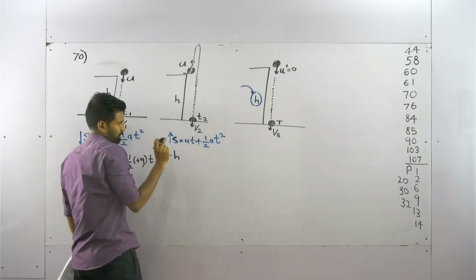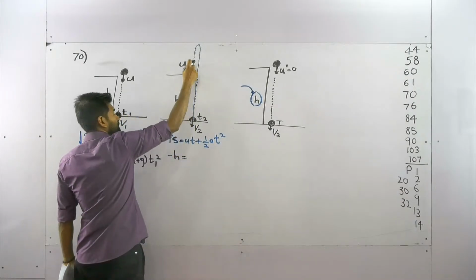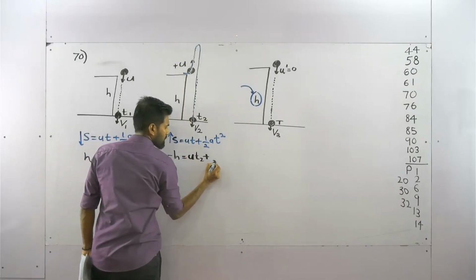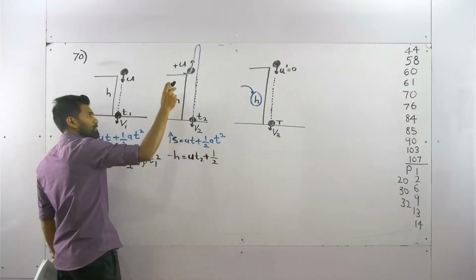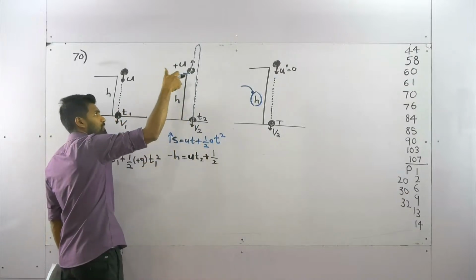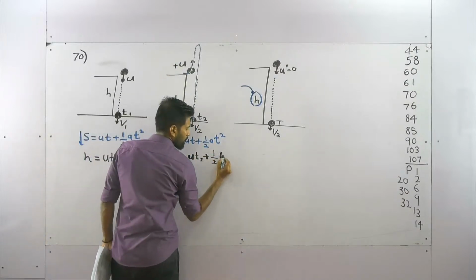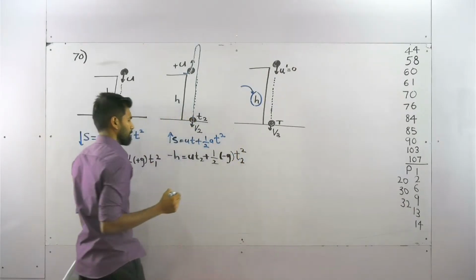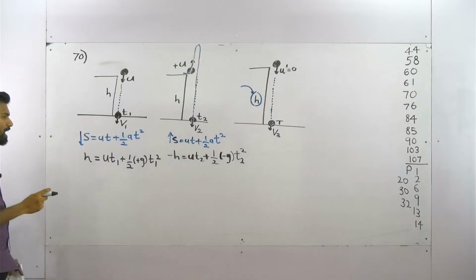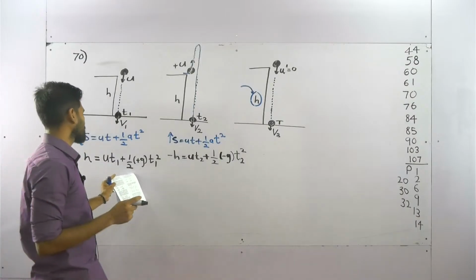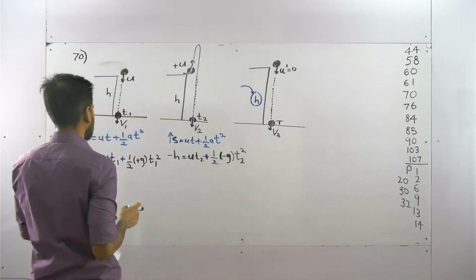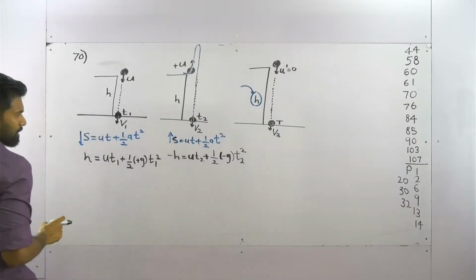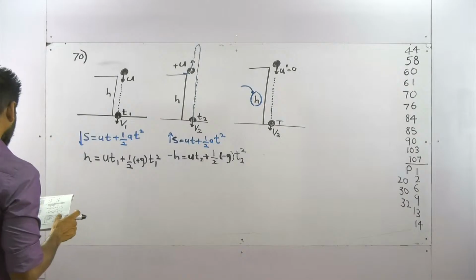So minus h is equal to the initial velocity upward, so plus u t2, plus, when an object is projected vertically upward from a certain position, minus g, t2 square. So here I have h is equal to ut1 plus half g t1 square, and minus h is equal to ut2 plus half minus g t2 square. This is the second equation I got.